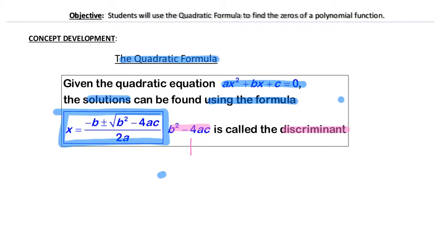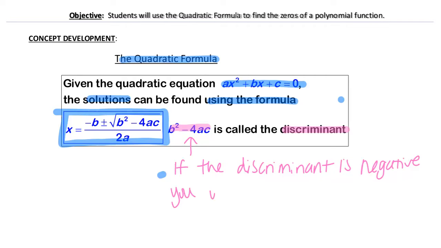I want to add a note here for you guys. If the discriminant is negative, you will get 2 imaginary zeros. And that comes from basically taking the square root of a negative.